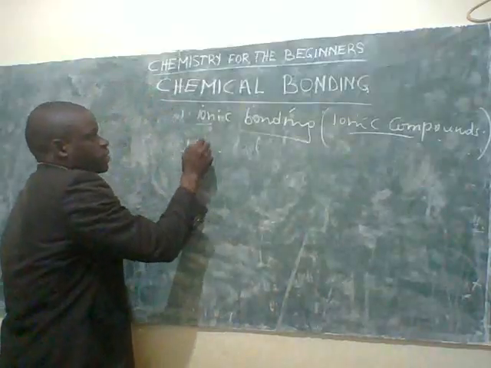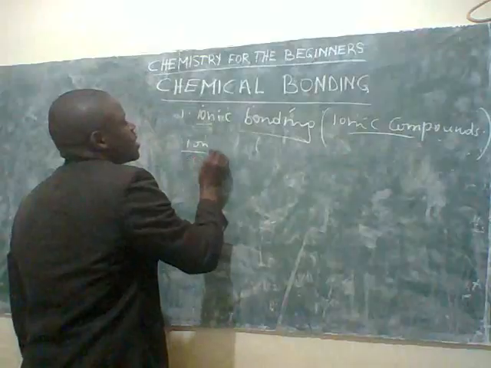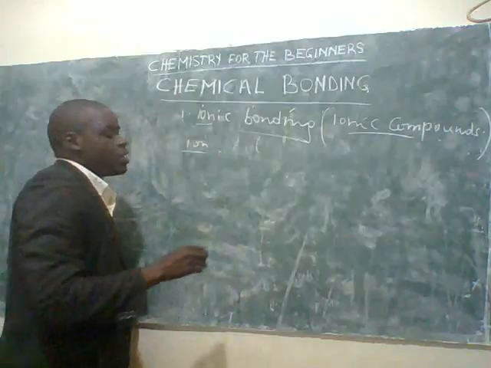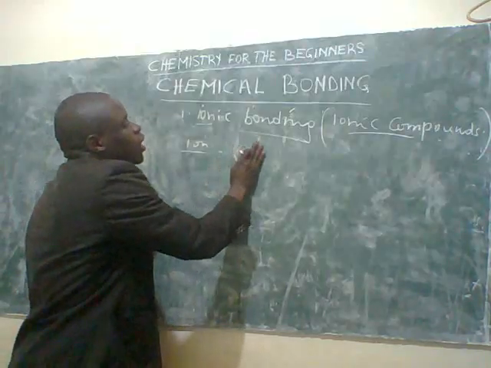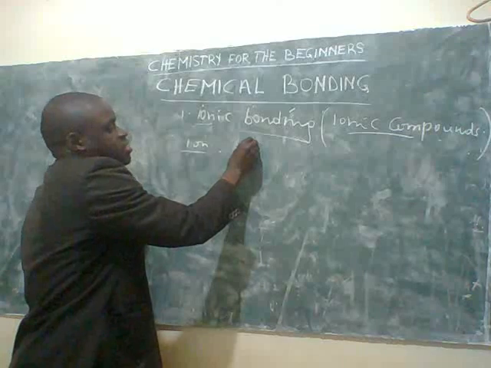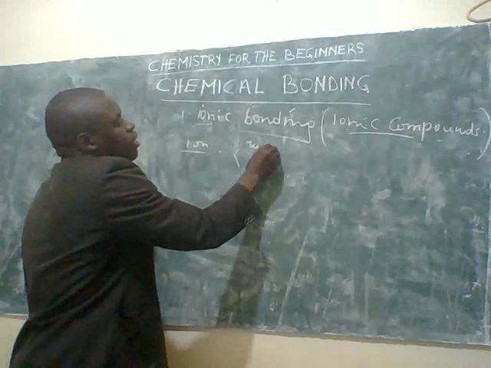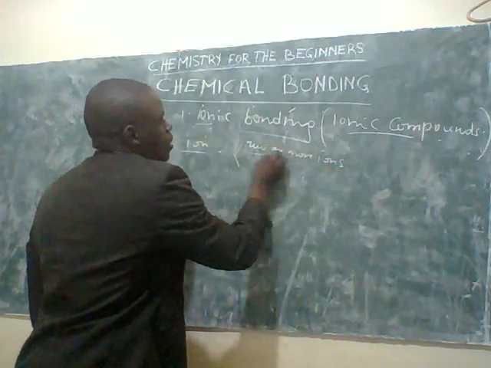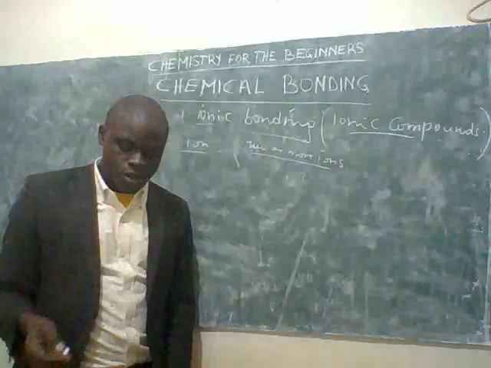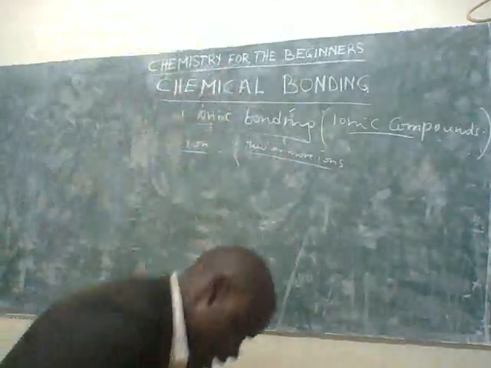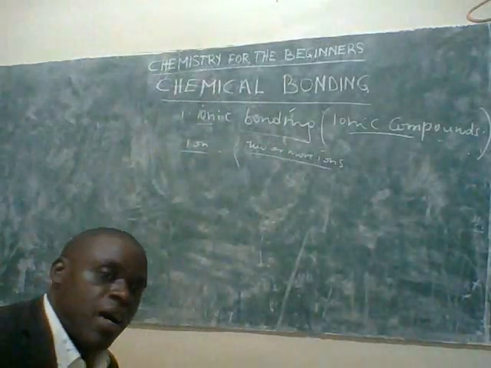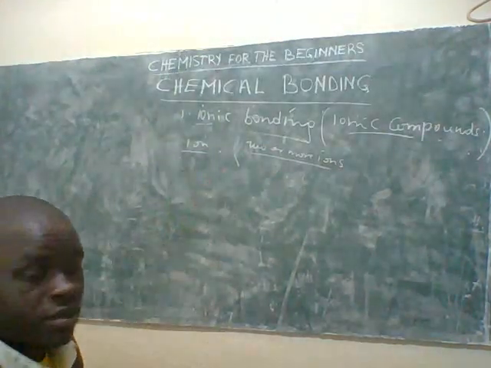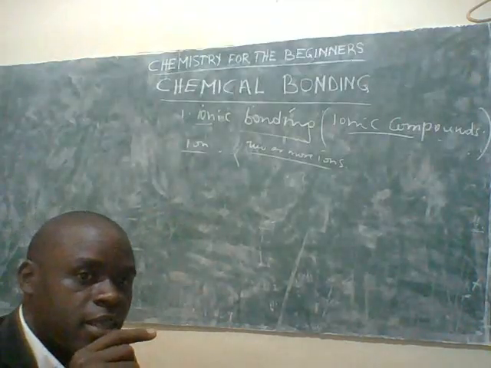So, there is ionic, which means it is made of the combination of two or more ions. Generally, this is the general knowledge that you can have on ionic bonding. They are all about the ions.